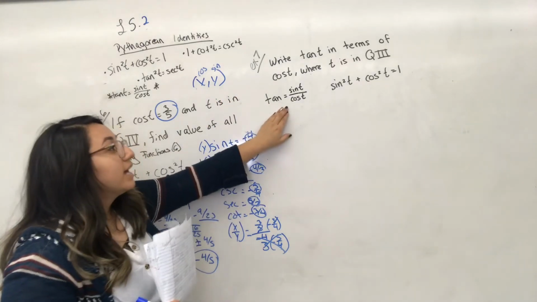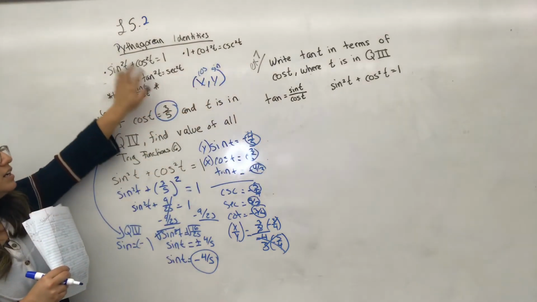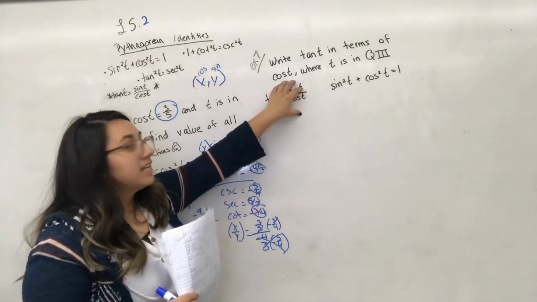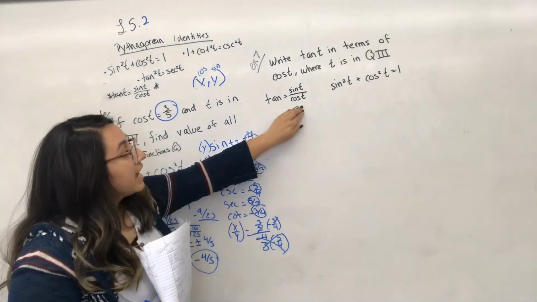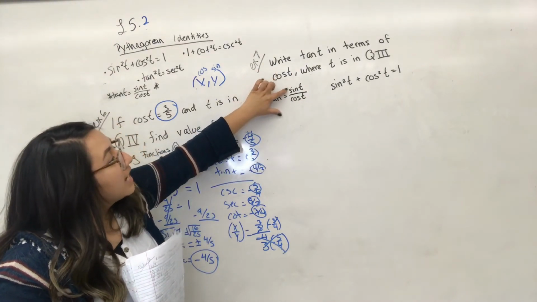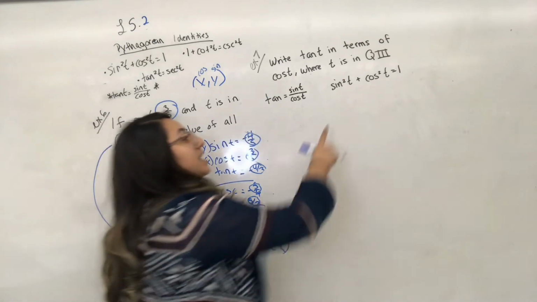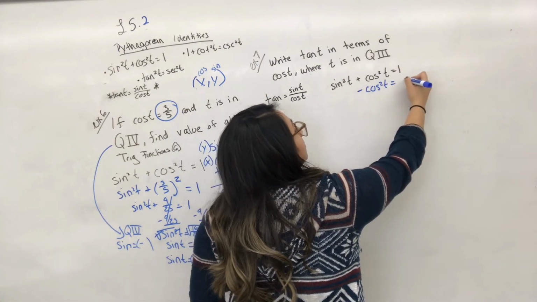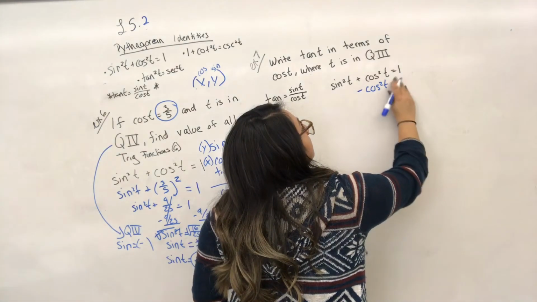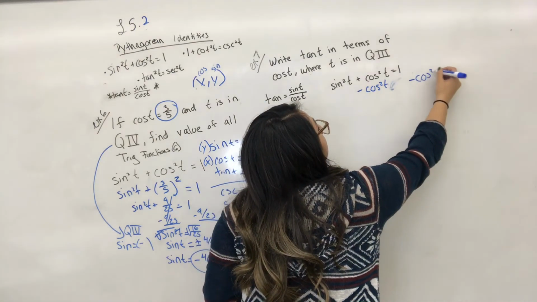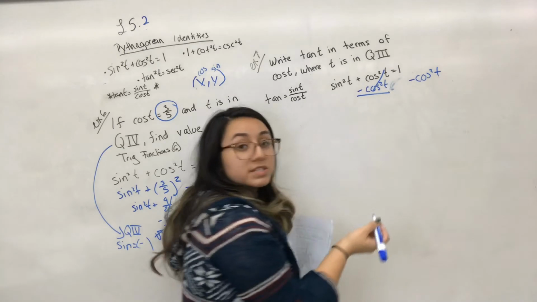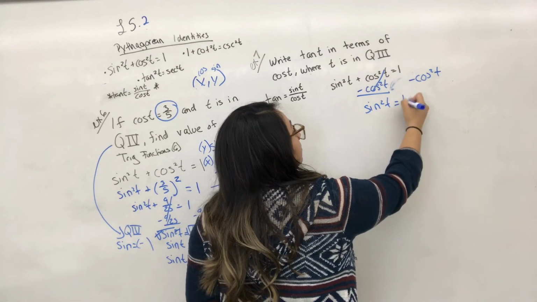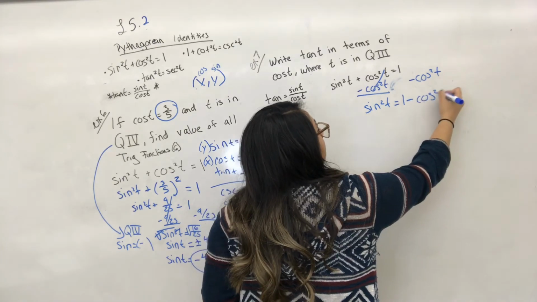So here, we have to use one of the properties over here, one of these 3 identities, and we have to try to get everything in terms of cosine. To do that, if you look here, we can have sines in terms of cosine if we were to solve for it. If I move over cosine, so I subtract both sides by the cosine of t squared, I get sine of t squared equals 1 minus cosine of t squared.